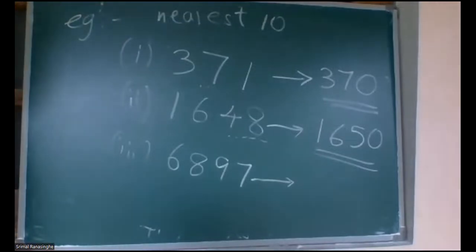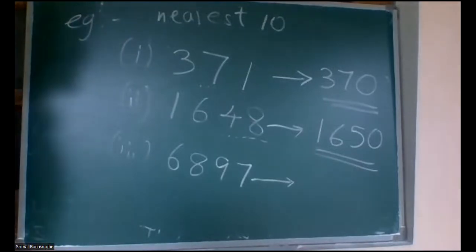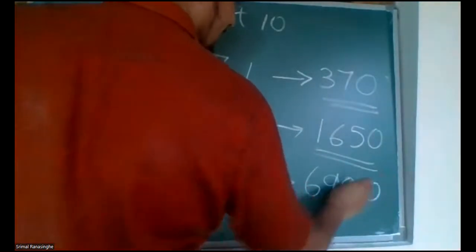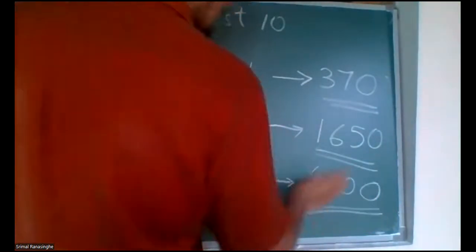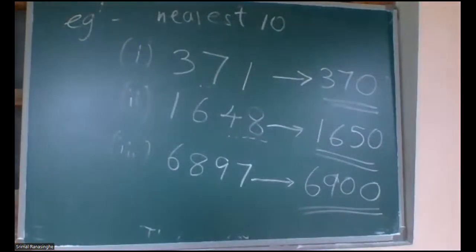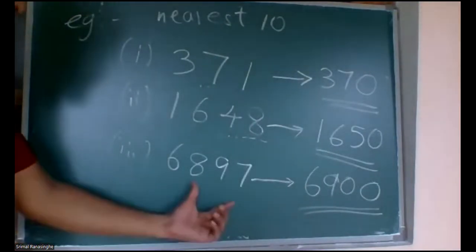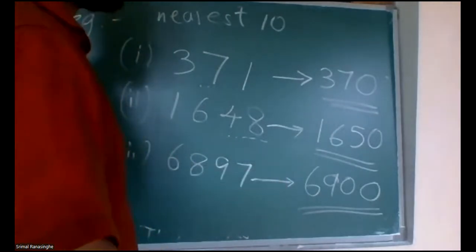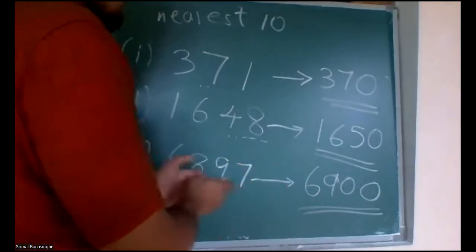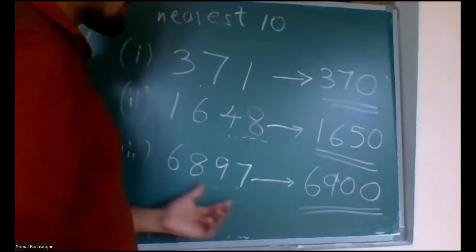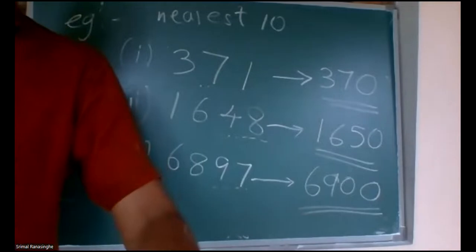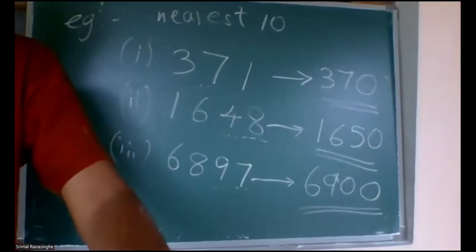Again. 6,900, not 600 or 6,000, right? 6,900. Why? Because it's near to 900. So you go for the final two digits to find the nearest number, 900, right? Likewise, you have to write in this way.